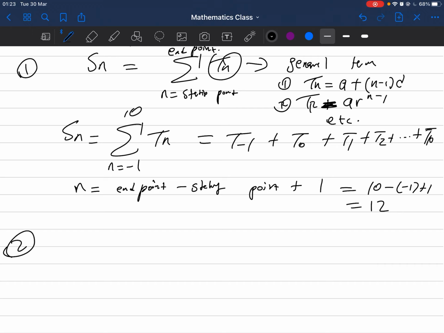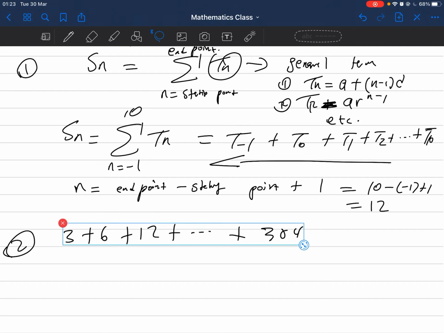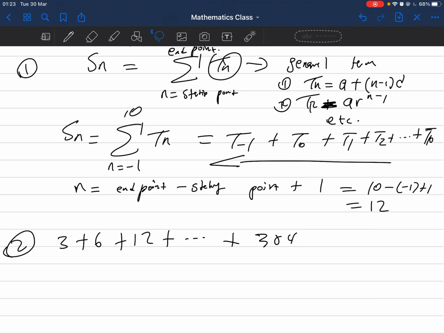For this video, we're going to learn how to go from here to here. Now you're given a sequence, and you need to find your sigma notation. How are we going to do that? Let me copy and paste this. So let's say you have this, and the question is, write this in sigma notation.